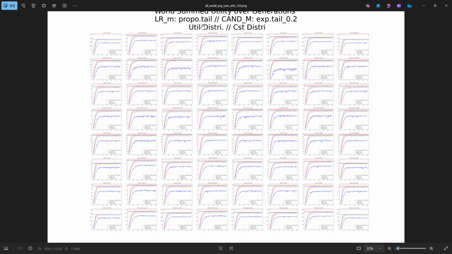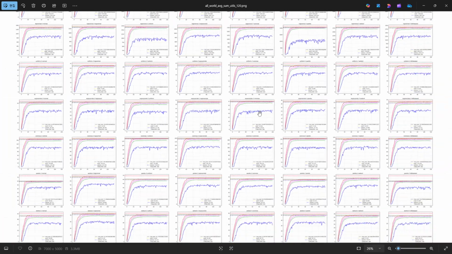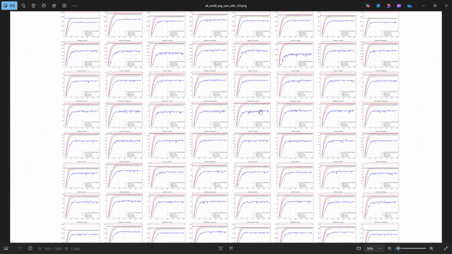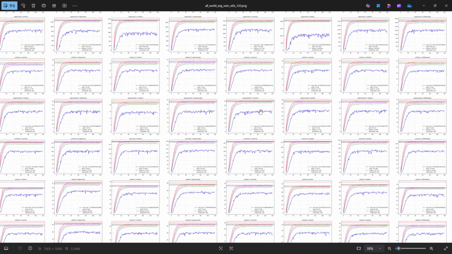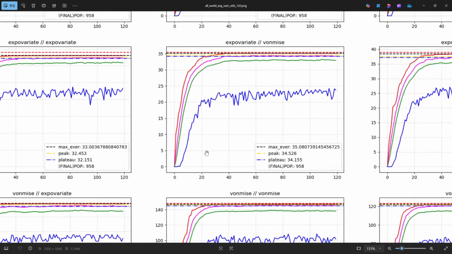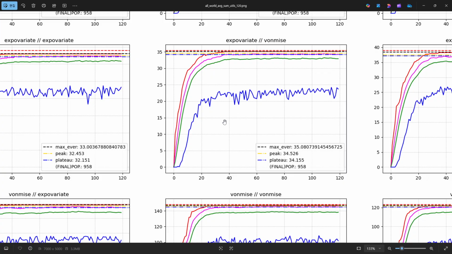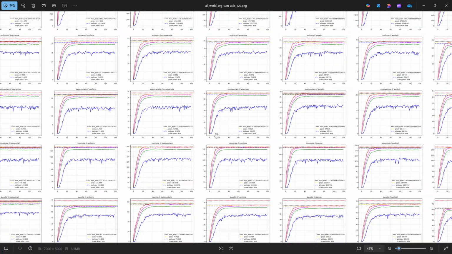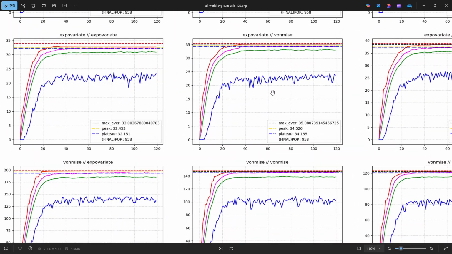You'll see that even when the candidate method is exponential tail, the learning seems to apply to a satisfactory degree to the bottom entities, the tail entities, which are these blue lines.